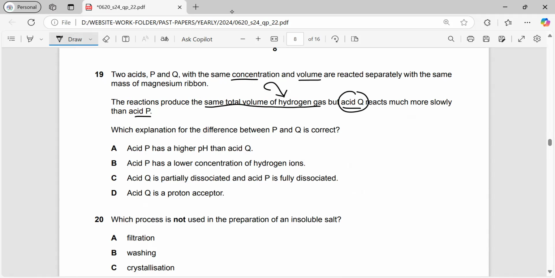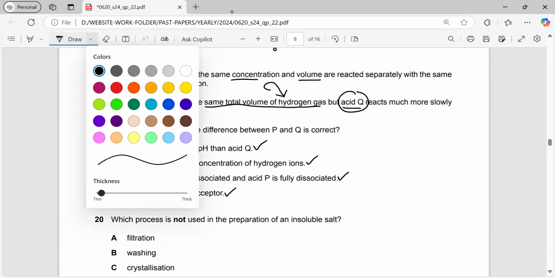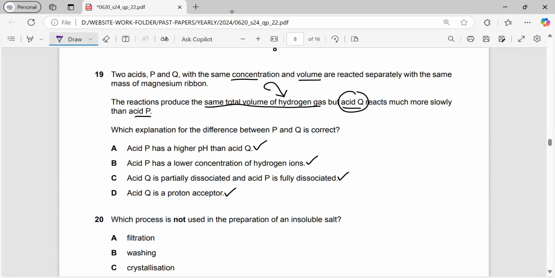But what do you guys think? Acid P has higher concentration than Q, higher pH? Acid P has lower concentration of hydrogen ions. Acid Q is partially dissociated and acid P is fully dissociated. Or acid Q is a proton acceptor. Now, if we see what is happening, acid P has much higher pH.